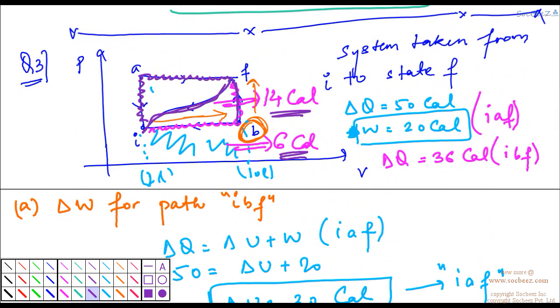That was the question in the B part, that you are given the work W of minus 13 of the curved path FI. If you had to integrate it, it would have been a tough question, but because you knew the delta Q and the delta U, you can directly find the value for W. So in each and every case, you don't have to integrate all the stuff and get the values. You have to see that, yes, there are certain state functions available. You can use them in order to find the specific values.